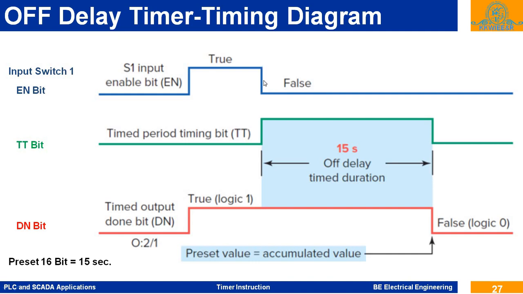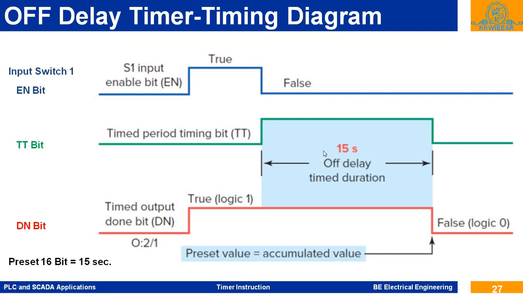When the run condition goes false, your accumulator starts incrementing: 0, 1, 2, 3, up to 15. So when the accumulator starts incrementing, the timer timing bit is set.